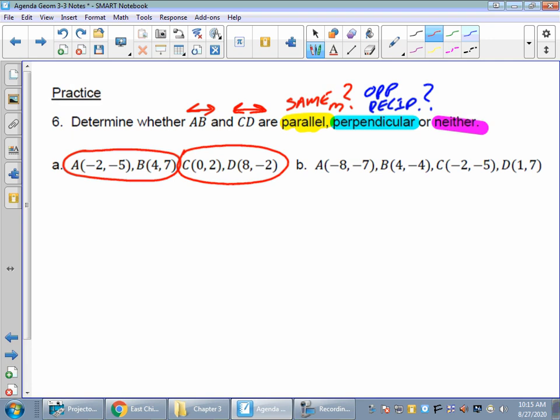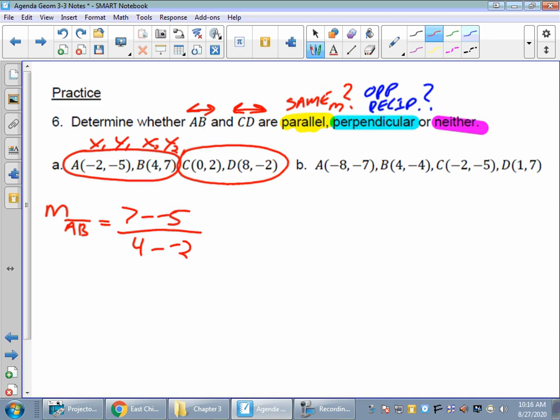All right, so with A, I'm going to go with slope, and I'm just going to put the AB down here to say, okay, line AB, that's what I'm finding the slope of. And here I'm going to go y minus y and x minus x. So if this is my x1, y1, this is my x2, y2. So I would go 7 minus a negative 5 for my y's, and my x's would be 4 minus a negative 2.